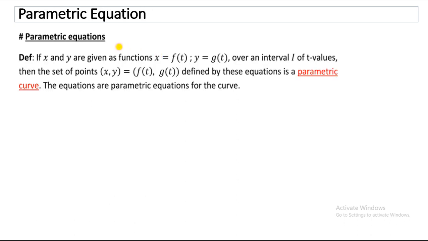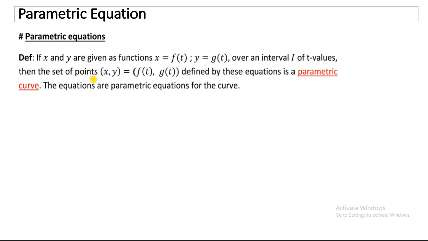Parametric equation. If x and y are given as functions of t, x equals f of t, y equals g of t, over the interval I of t values, then the set of points (x, y) defined by these equations is a parametric curve.